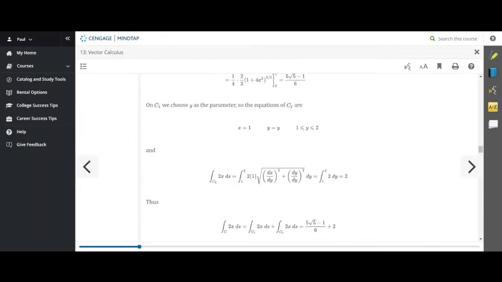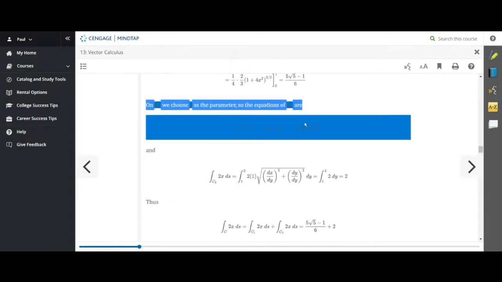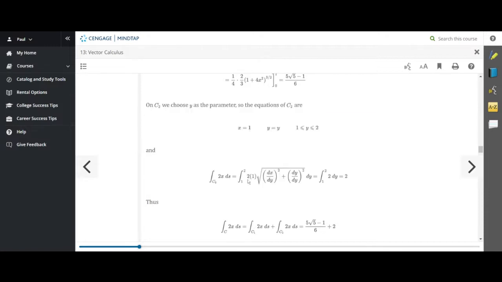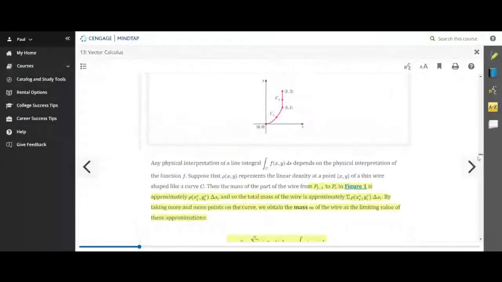Now we have that curve C2, which is just a vertical line segment going from (1, 1) to (1, 2).